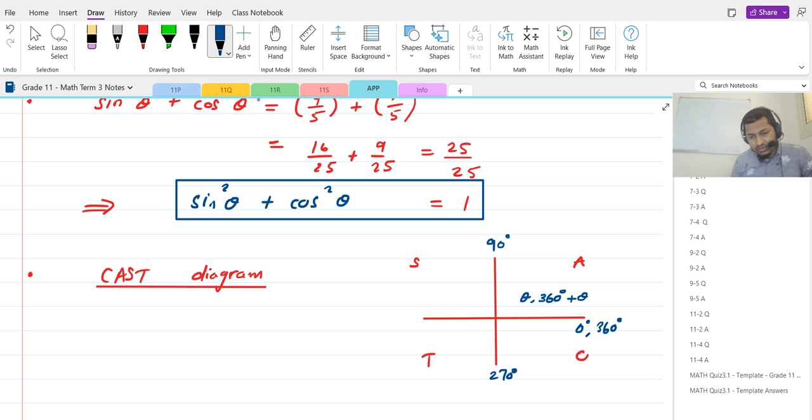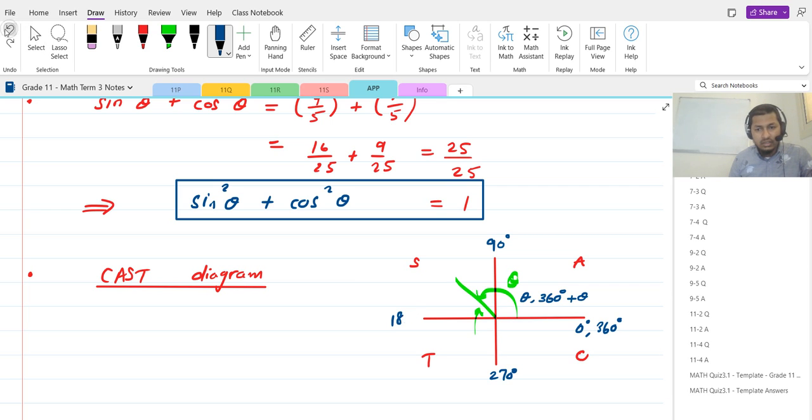So if you're somewhere around here, that's theta angle. If you go right around and come back to the same position, it's 360 plus theta angle. And similarly, if you are in the second quadrant, we are here, and as you can see, that's theta, so this is 180 minus theta, because this is the 180 degree line.